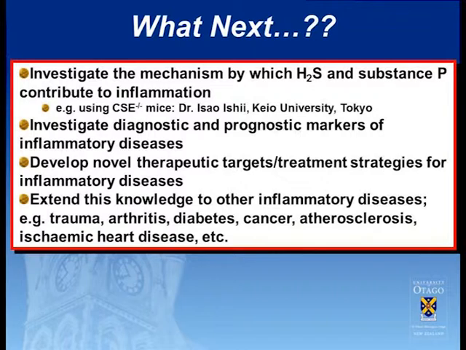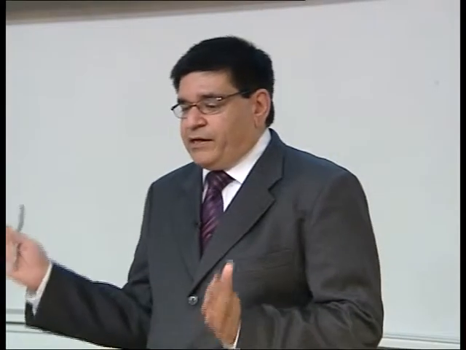One of the examples is using mice that are genetically deficient in H2S formation ability. Now, these mice have recently been generated by my colleague Dr. Isao Ishii in Tokyo. And we've done a lot of research with PAG. That's very good, very useful.